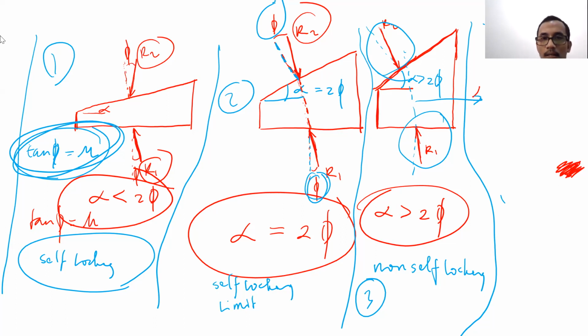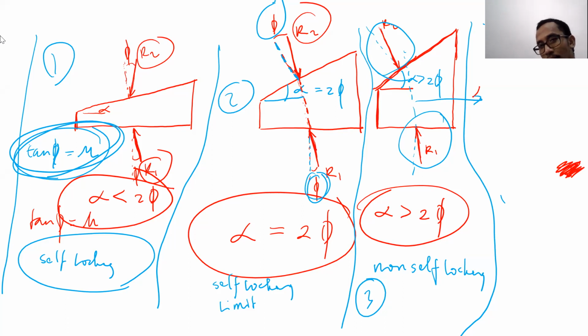Okay. Do you get it? So alpha is not for calculating P. This one is the self-locking condition. Self-locking means whether the wedge, after you push it in, will stay there or not.